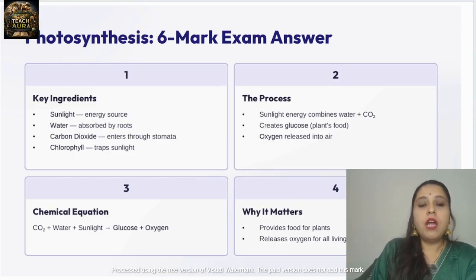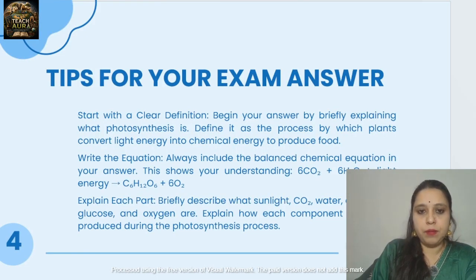Now, next I'm going to give you the tips for your exam paper. So what is that? Since we have discussed what to write in a creative way, the most important thing you have to write in the exam is to mention the importance of photosynthesis and underline the keywords like chlorophyll and glucose, which will take the teacher's attention, and the teacher will understand that yes, you have written all the important terminologies required for the answer.